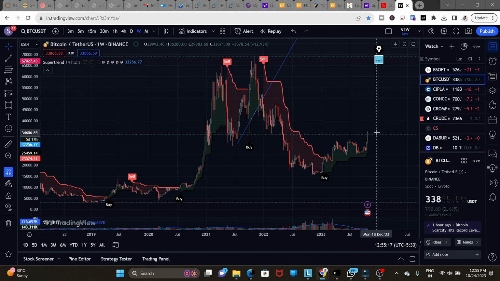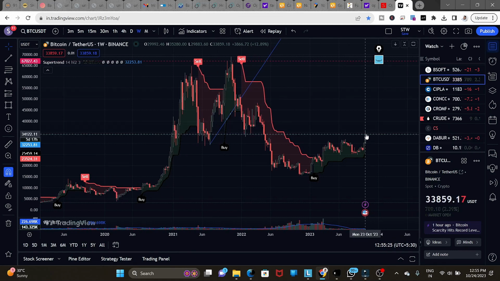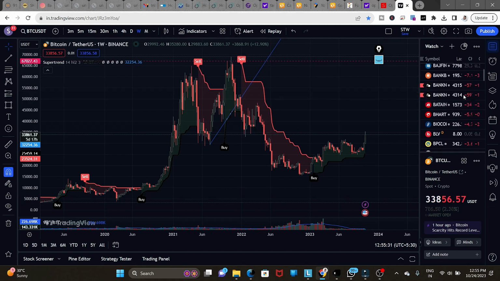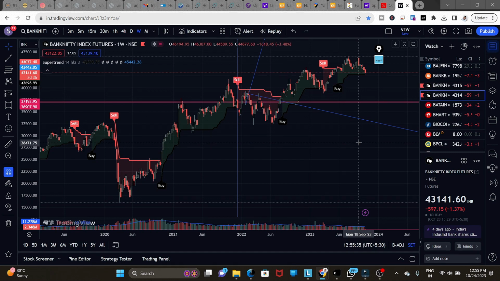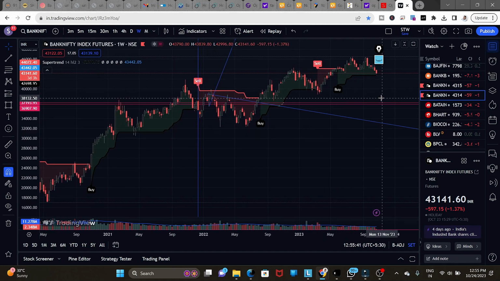Bitcoin has hit 34,606 and it's sharply moving up. Quietly, it is moving up without any news. This is what happens when it has to move up. When it wants to fall down, then the entire news and media will say that Bitcoin is crashing. But now you won't find any news like that.